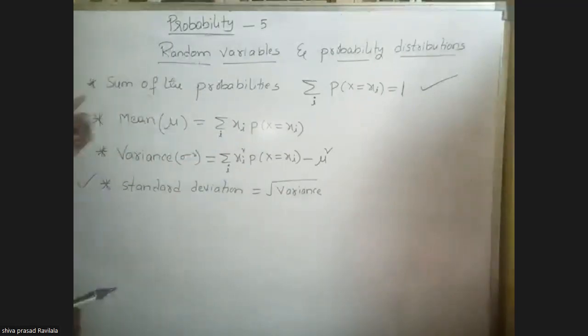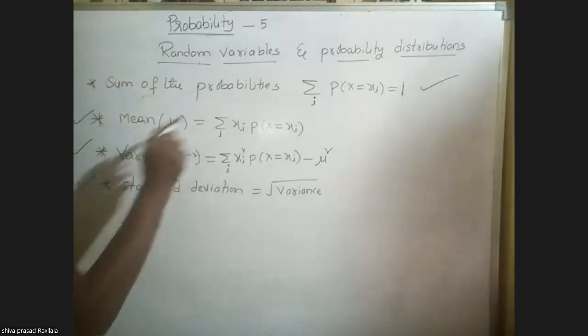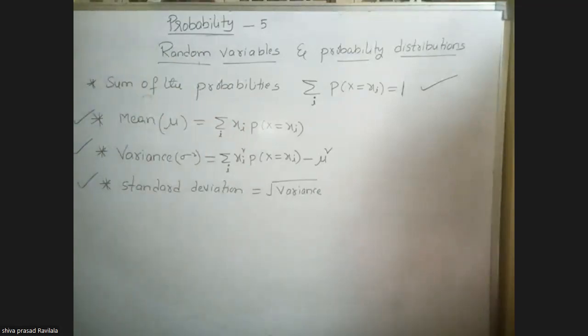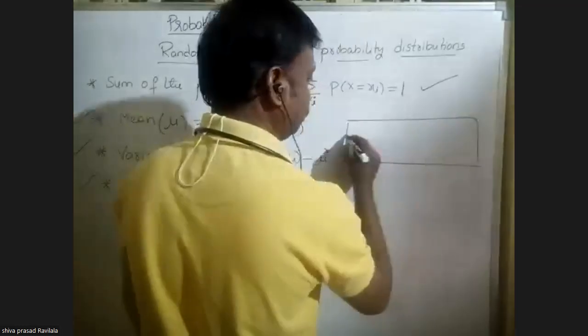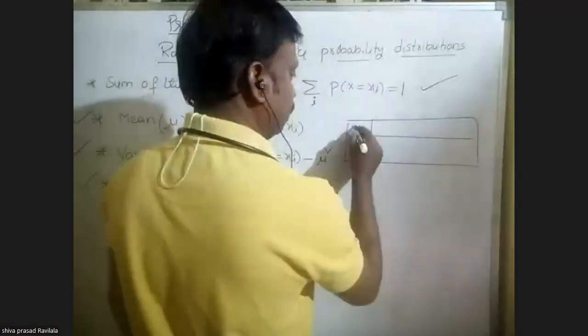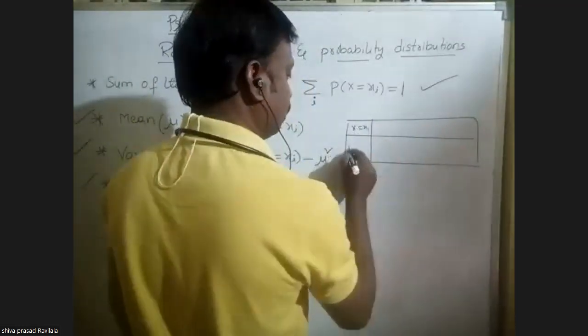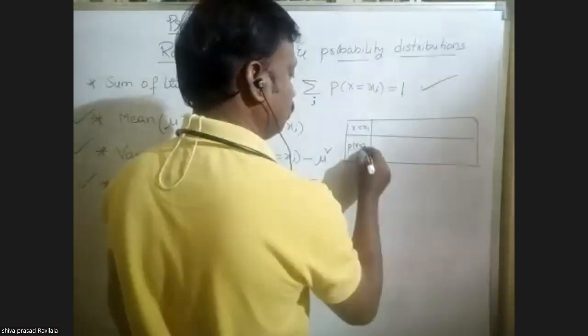Okay students, the sum of the probability is equal to 1, first case. And second one, most important, mean mu is equal to summation xi into probability of x is equal to xi. They will give the observation like this. We have a table now in this case. For example, x is equal to xi and probability of x is equal to xi.